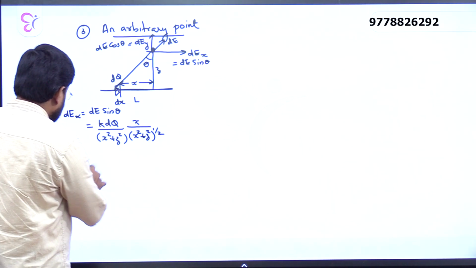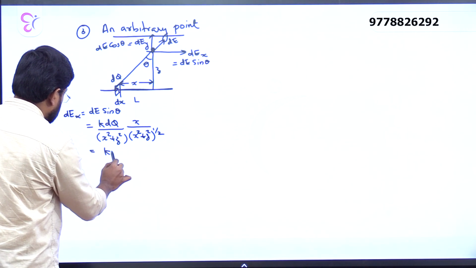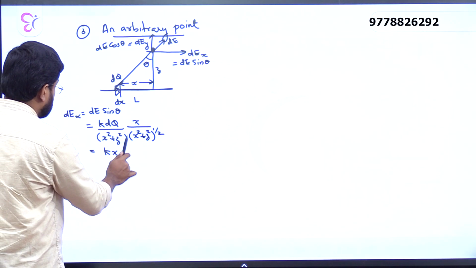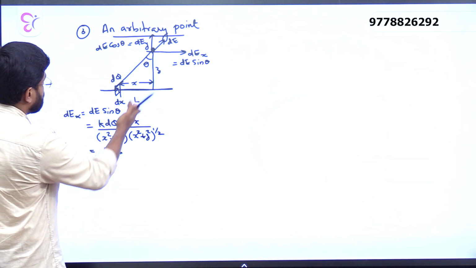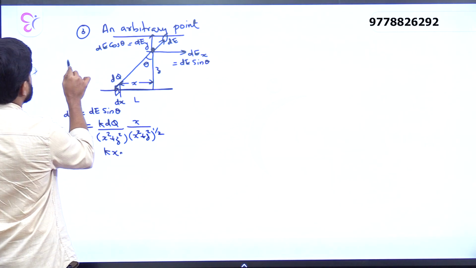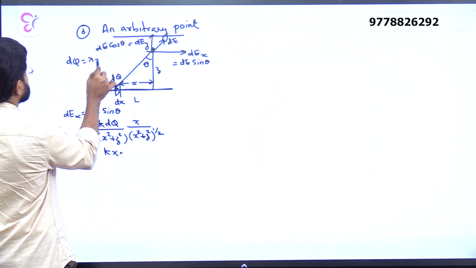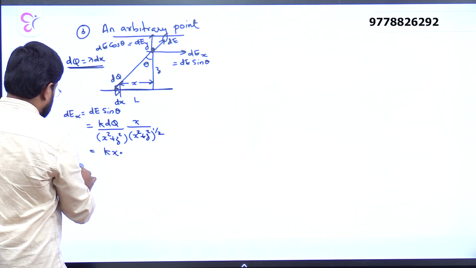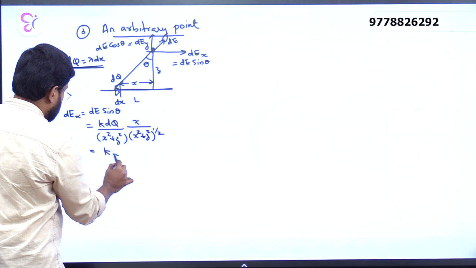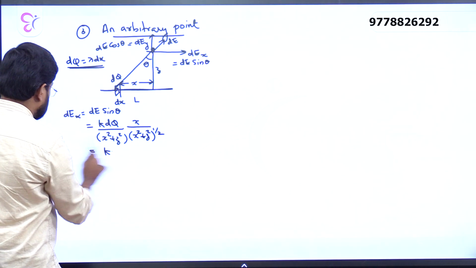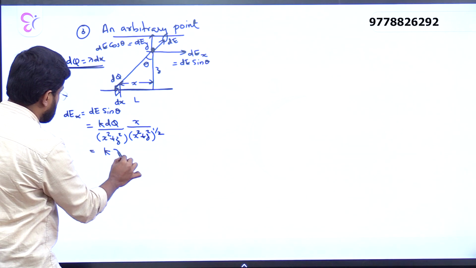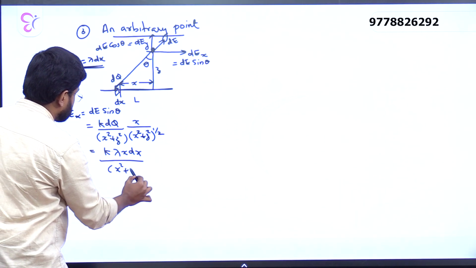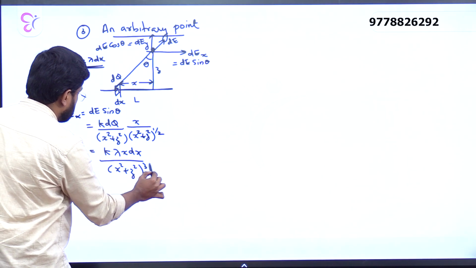So I got dEx as k x dq divided by x square plus z square whole power 3 by 2.